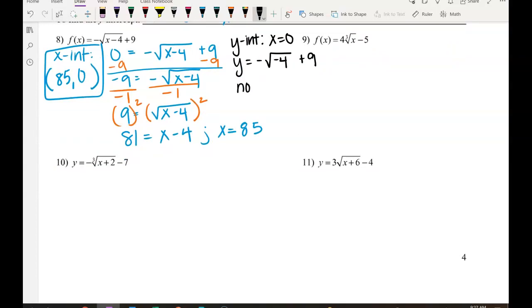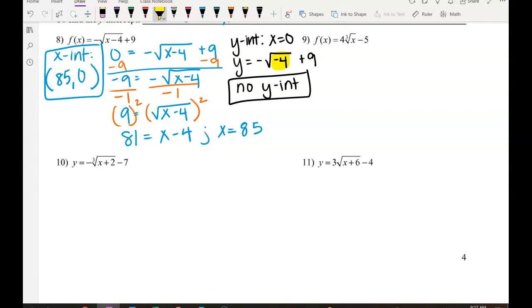No. Let's talk about why there's no y-intercept. Can a square root be negative under ever? No. Y-intercept, students, means it has to cross over the y-axis, and x-intercept, it has to cross over the x-axis. Imaginary numbers don't cross over those.